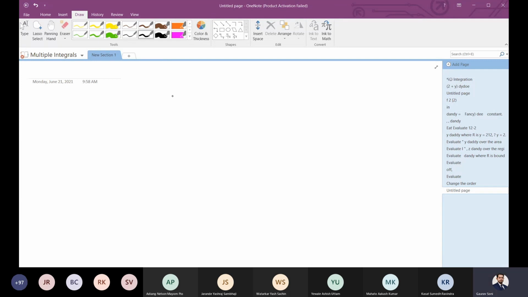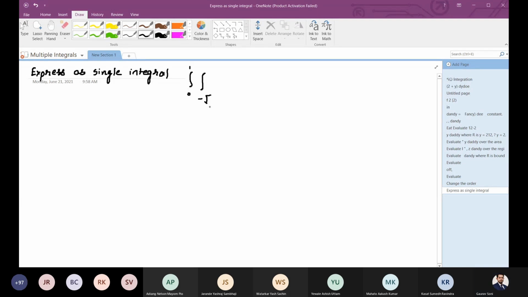So express the following as a single integral. The first one, integration 0 to 1, minus root y to plus root y, dx dy, plus 1 to 2, minus 1 to plus 1, dx dy.